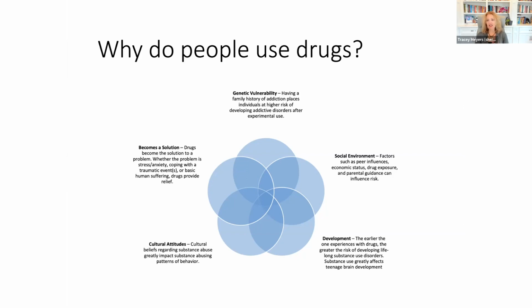So first, genetic vulnerability: having a family history of addiction places individuals at a higher risk. Social environment, things like peer influences, parental views towards substances. Early use can make a big impact, particularly for the developing teenage brain. Cultural attitudes.